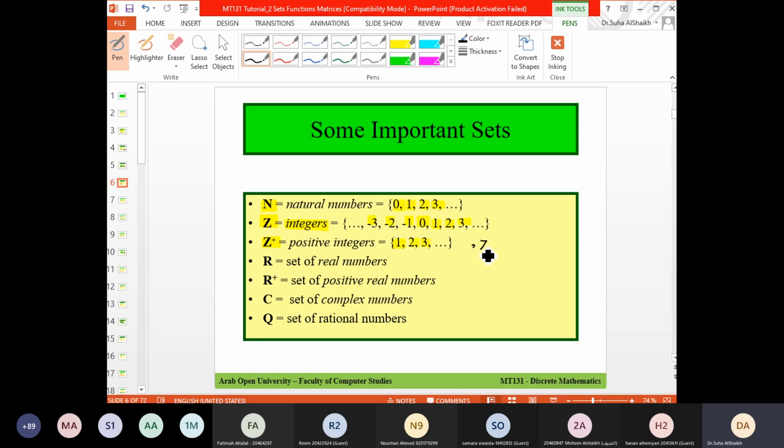Z negative, طبعا, is equal to minus 1, minus 2, minus 3, and so on. Real numbers are اللي هي all the numbers: roots, fractions, positive, negative, 0. طبعا ال R plus is going to be what?